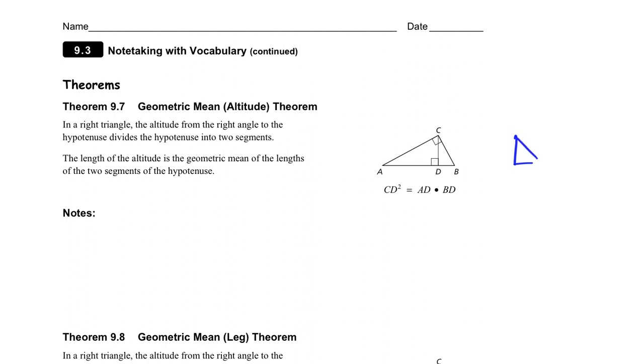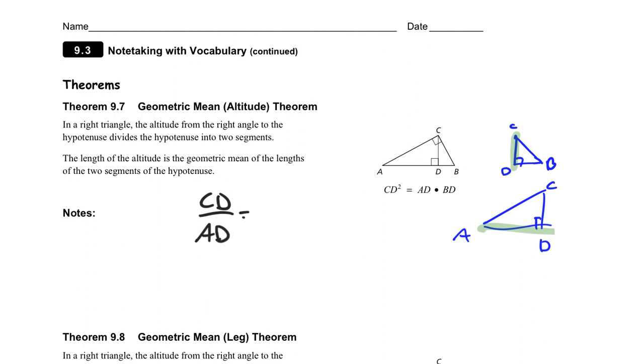So let's do our CDB triangle here and our ACD triangle here. Go back to the parts that correspond. I can look at CD in my smaller triangle, which corresponds with AD. So I'm going to say CD goes with AD. This ratio should be proportional.